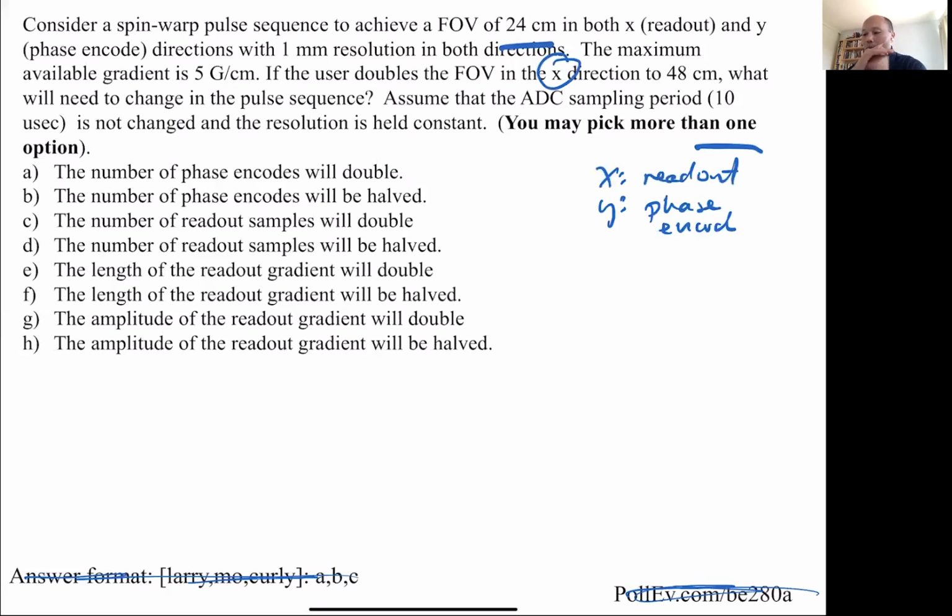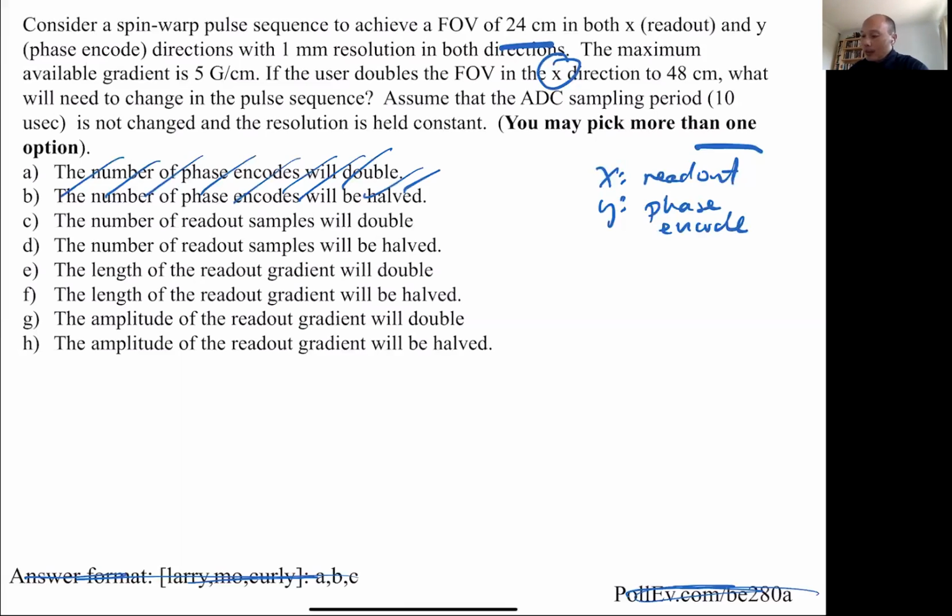Since nothing has been changed in the Y direction, in terms of GY or Y, we can right off the bat eliminate these as possible answers. That simplifies the answering process.